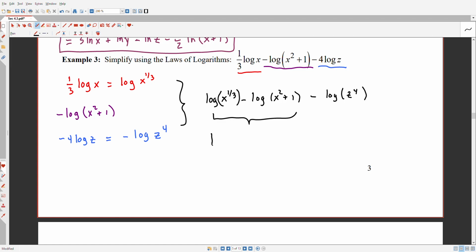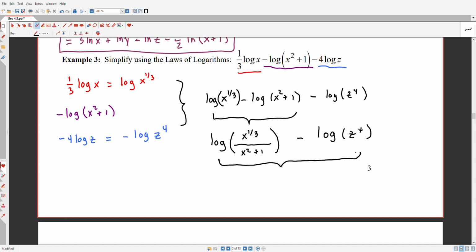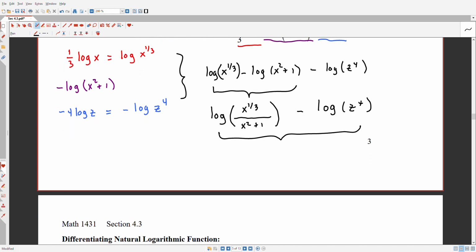That could have been somebody using our division rule. They could have said, oh, that was log of a dividing. And then I have one more subtraction of logarithms. So again, that could have been coming from somebody who had done a log of this first fraction, divided by z to the 4th.